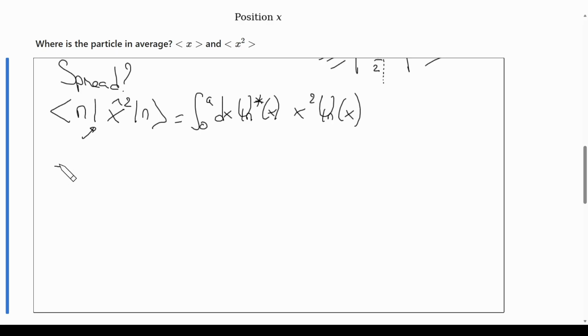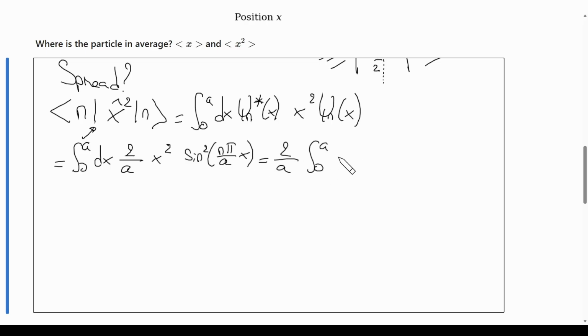And again, we have the integral from 0 to a of dx 2 over a x squared, and we can do the step like before, sine squared n pi over a x equals 2 over a, the integral from 0 to a dx, x squared times 1 minus cos 2 n pi over a x, over 2.